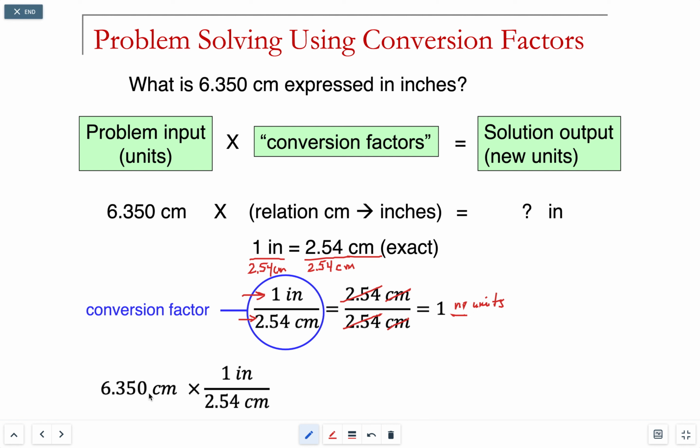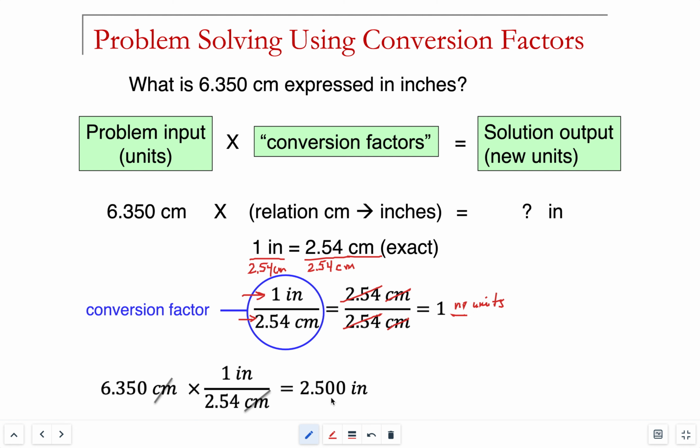We have 6.350 times 1 divided by 2.54 in the numbers, and in the units we have centimeters times inches divided by centimeters. So centimeters divided by centimeters cancels. And now the only unit we have is inches, which is what we need. We put 6.350 into our calculator, divide by 2.54, and we get the value 2.500 inches.